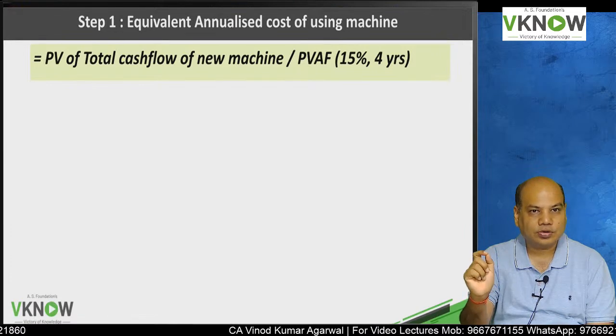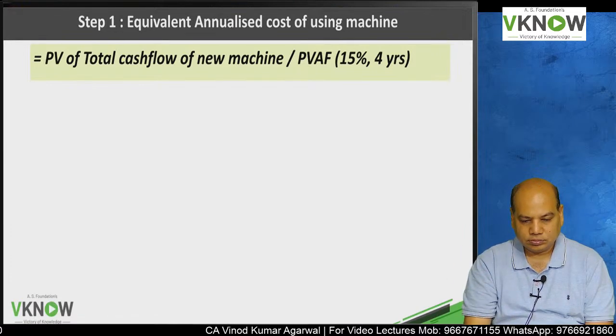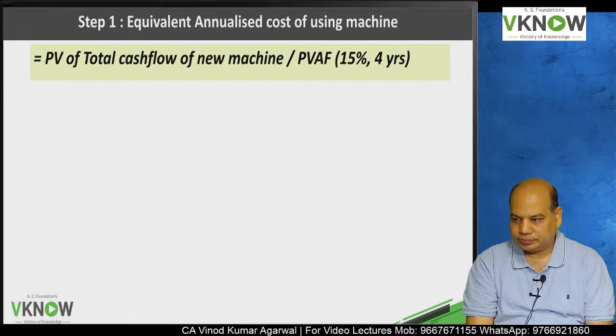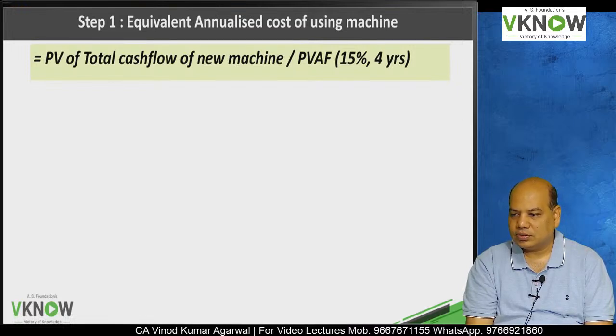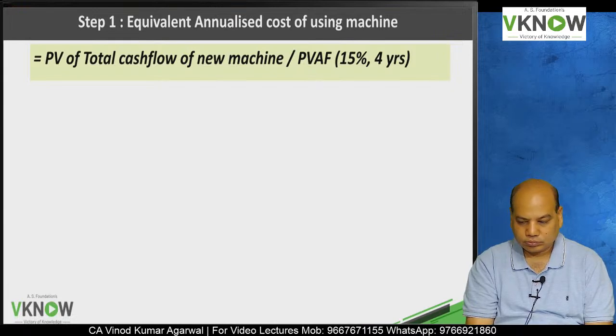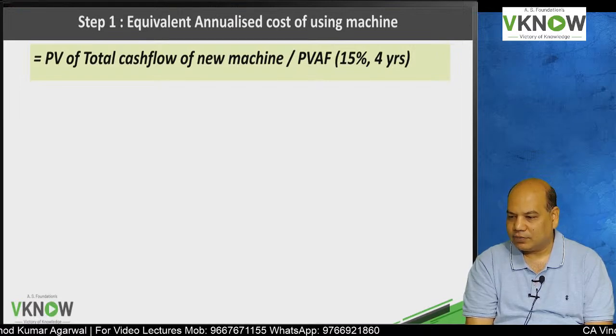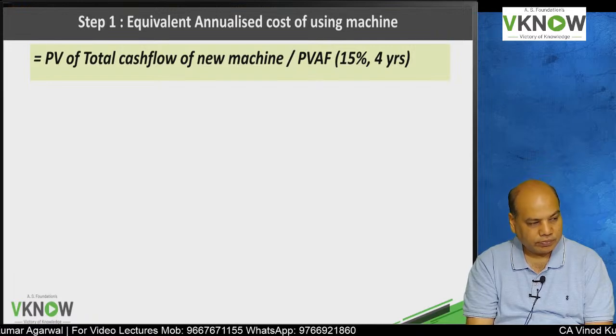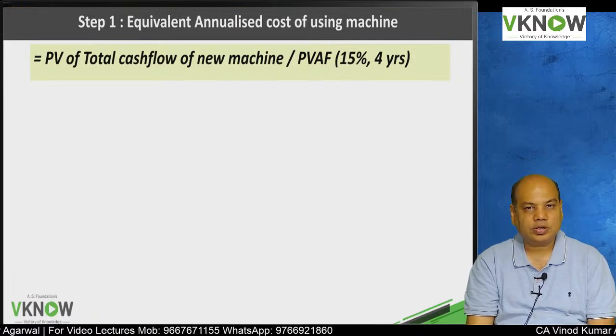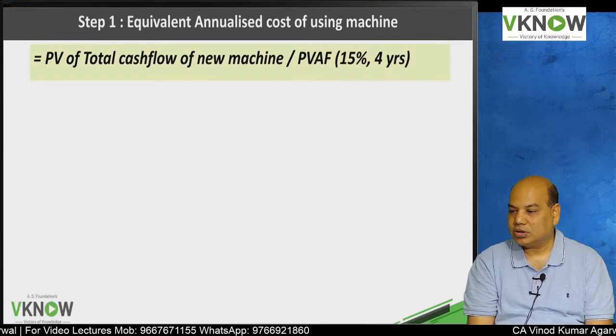Equivalent annualized cost of using new machine equal to PV of total cash flow of new machine, divide by PV annuity factor, in bracket 15%, 4 years.